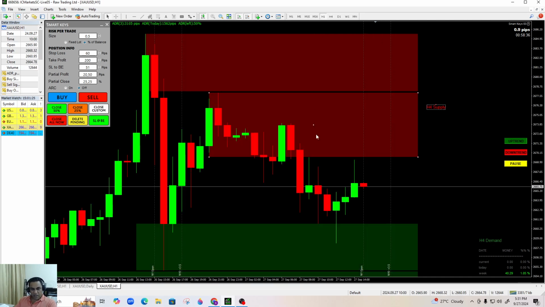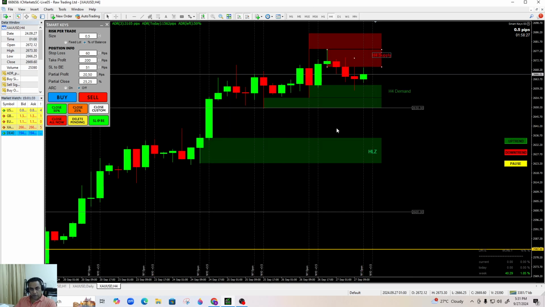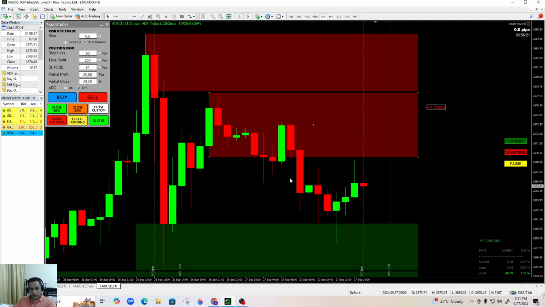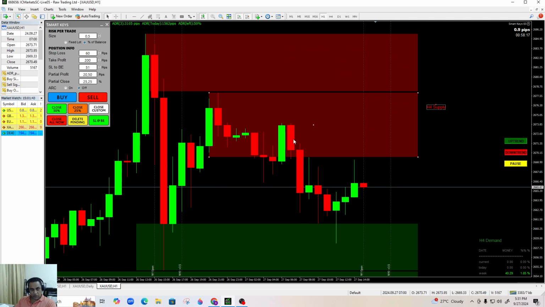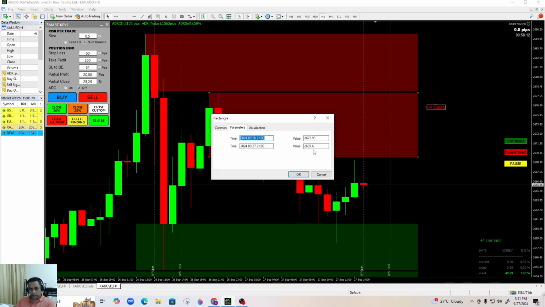I'll have to get that basing candle also into that, and then so then we took out this zone here, right? This move took out, and I'm going to refine it to this candle, close 70.49.